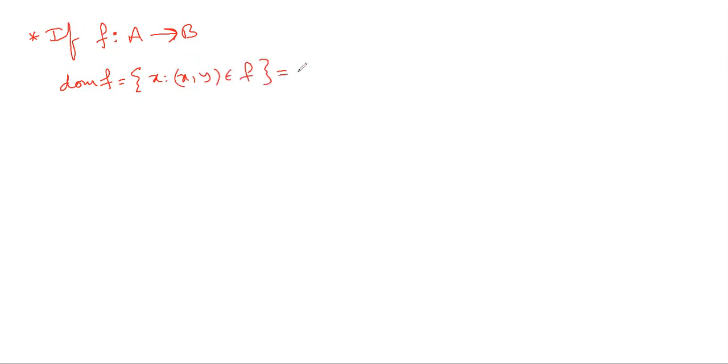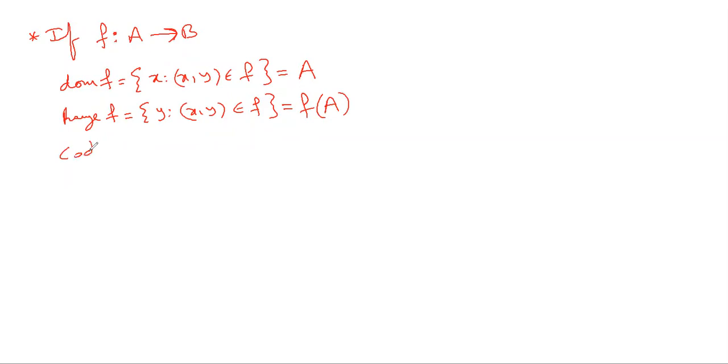But because of the function condition, that becomes A. And the range of f is y such that (x, y) belongs to f. Because it's a relation, from the definition of range of a relation, the same definition holds. But one observation point here is all the elements in A are contributing to the range. So there is a special notation given for the range as f of A.